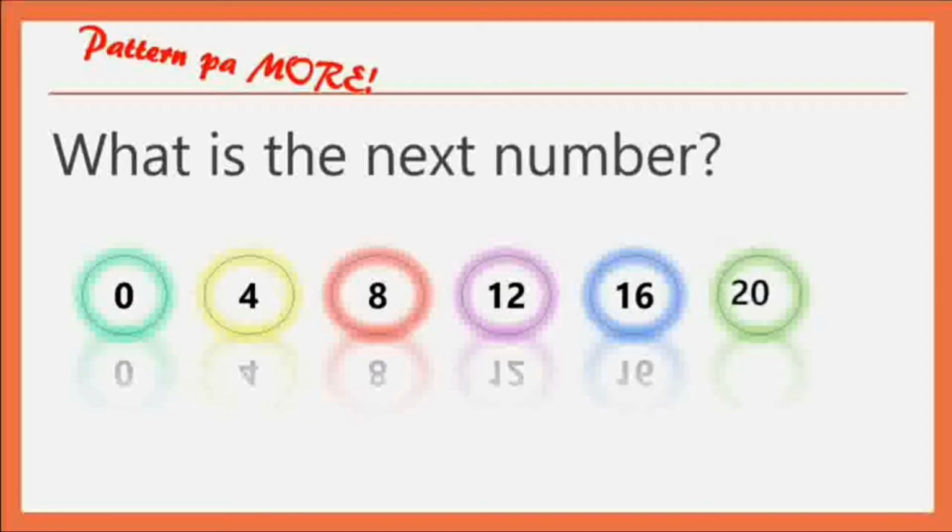The correct answer is 20. Now, what is the pattern in this number sequence? Yes, very good. We just add 4 to get the next term. So from 0, we add 4 to get our second term, which is 4.